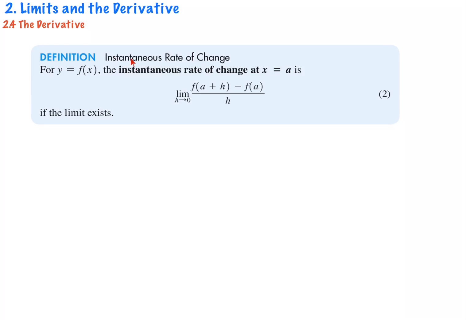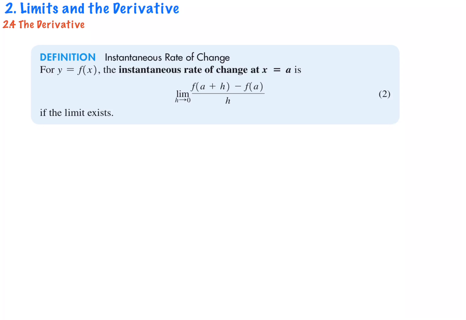So by the definitions, the instantaneous rate of change can be defined as the limit of h approaching 0 for f of a plus h minus f of a divided by h. The adjective instantaneous is sometimes eliminated or omitted with the understanding that it refers to the instantaneous rate of change.